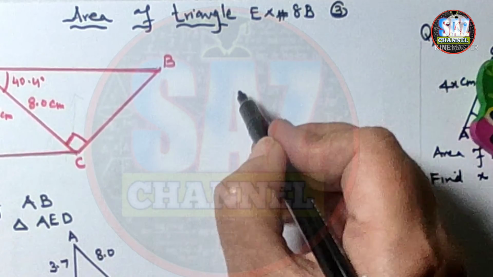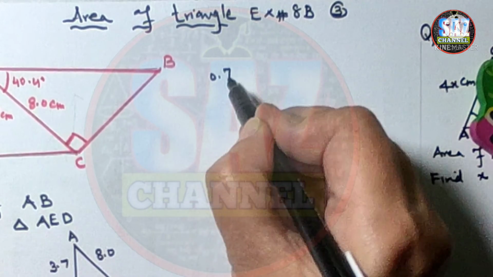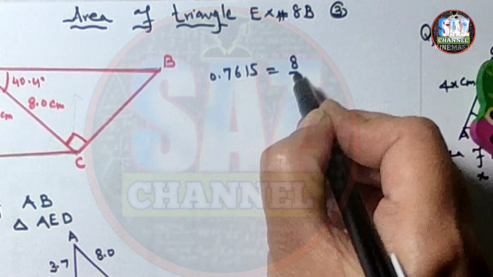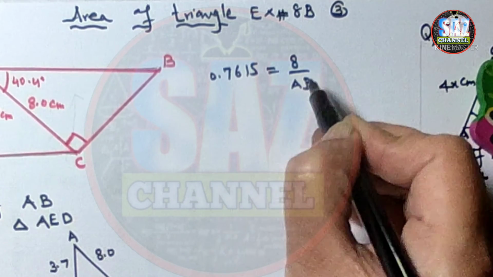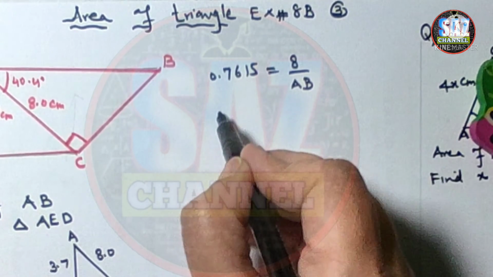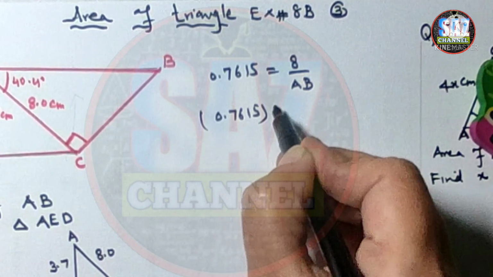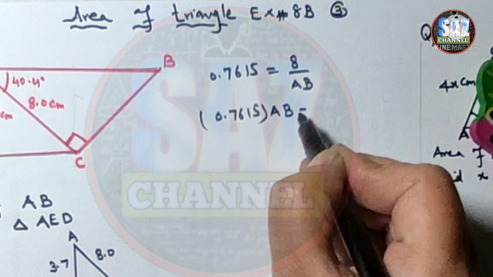0.7615 equals 8 upon AB. Now go for cross multiplication: 0.7615 times AB equals 8.